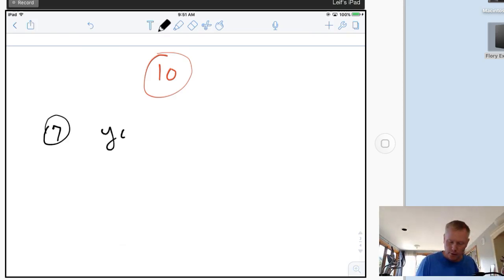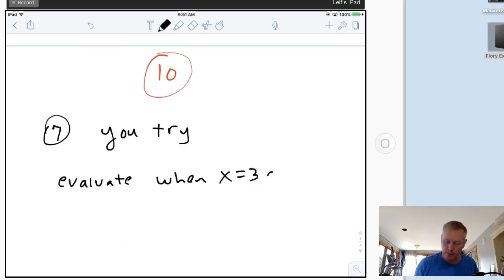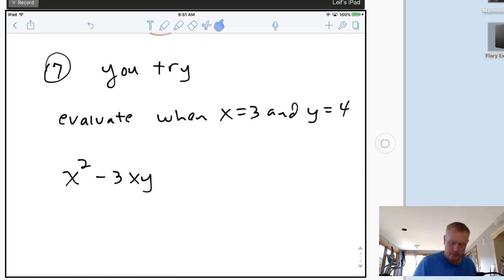I think you should try this. I want you to evaluate when x equals 3 and y equals 4. And the expression is x squared minus 3xy divided by x plus y.